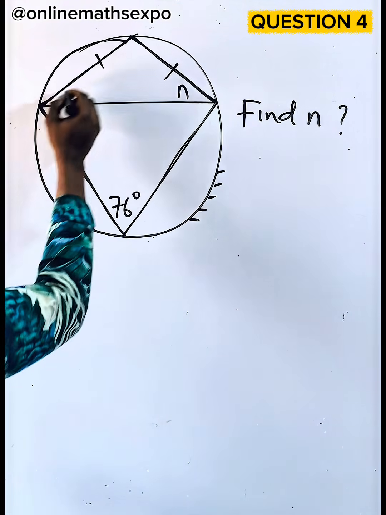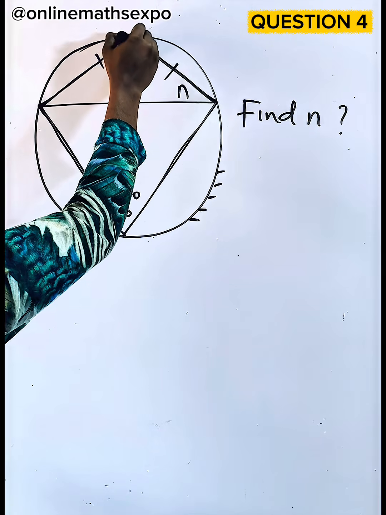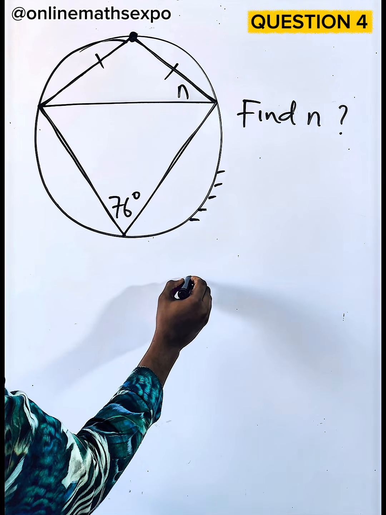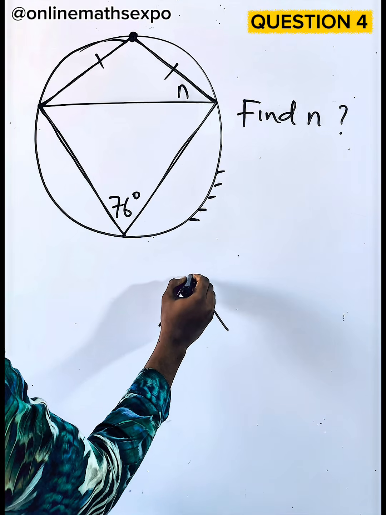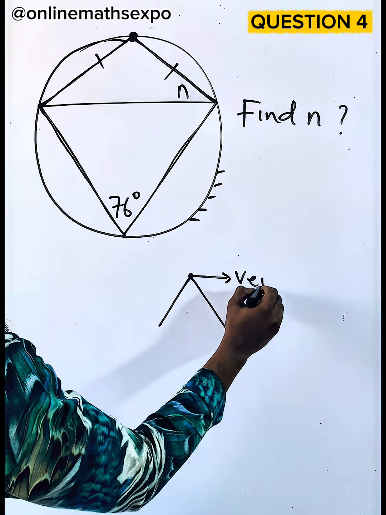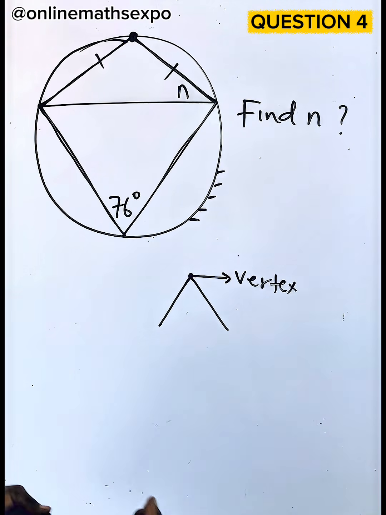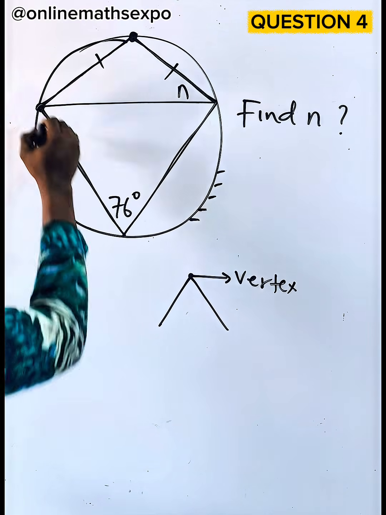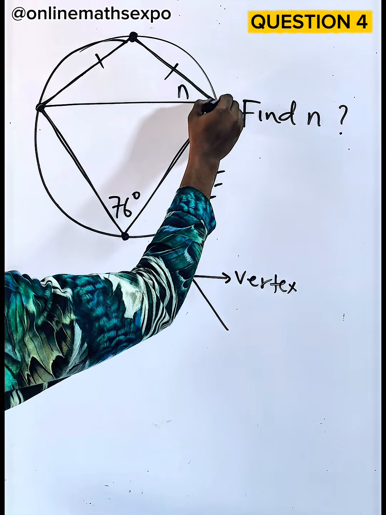And this quadrilateral, you observe the vertices of the quadrilateral. A vertex is where two lines meet. Wherever two lines meet, we call it the vertex. When there are many, we say vertices. So the vertices of this quadrilateral are touching the circumference of the circle.